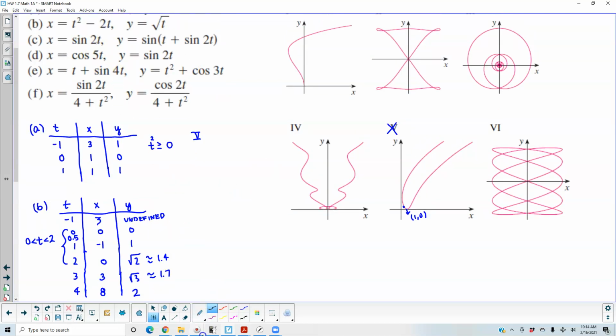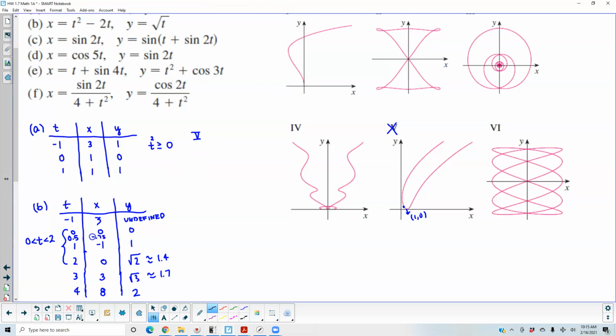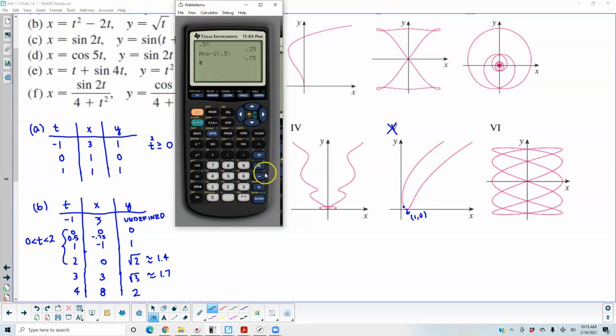We're going to square 0.5, and then minus 2 times 0.5. That gives us negative 0.75. So we know that this gives us negative 0.75 here. And if we take the square root of that 0.5, then we get 0.71.